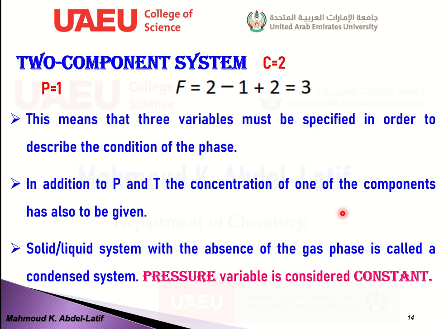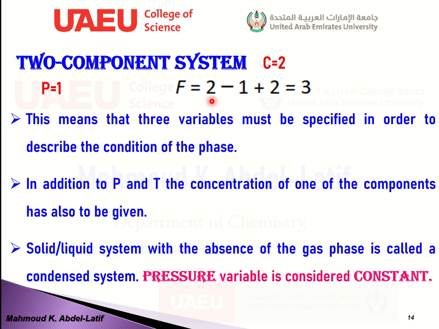equilibrium. Now we'll go to today's system. We are going to discuss a two component system, so C will be 2. And we are going to discuss the number of phases. If you have P equal to 1, you have only one phase, a homogeneous mixture, so to say.